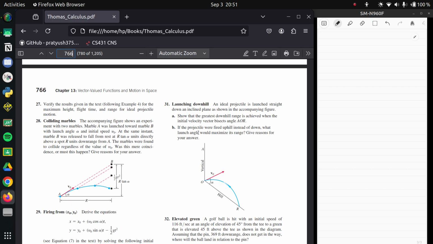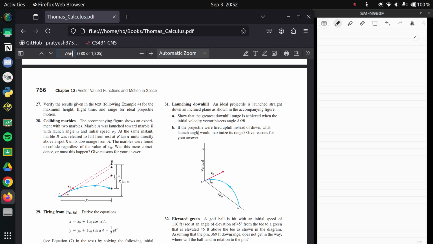The problem shows an experiment with two marbles. Marble A is launched towards marble B with some large angle alpha and initial speed. At the same instant, marble B is released to fall from rest at r tan alpha units directly above the spot r units away, a long range from A. Sure, so A was launched, B was falling down. The marbles are found to collide regardless of the value of V naught. Okay, what?